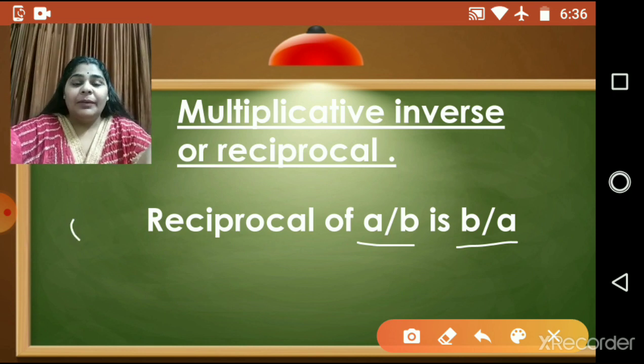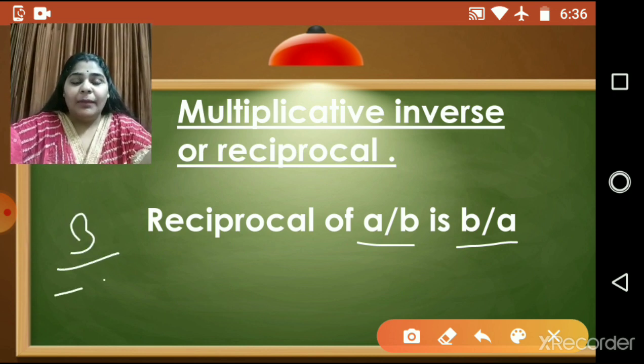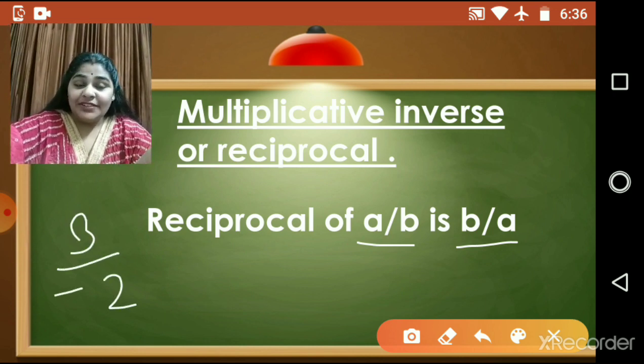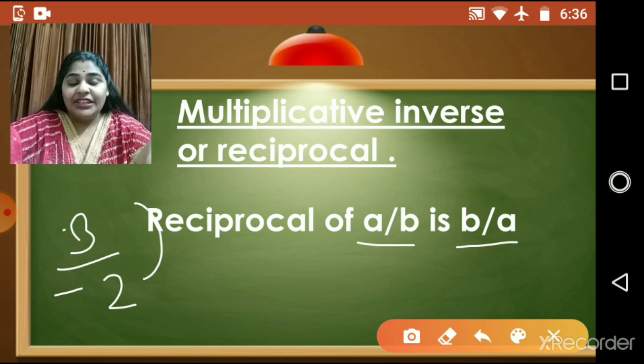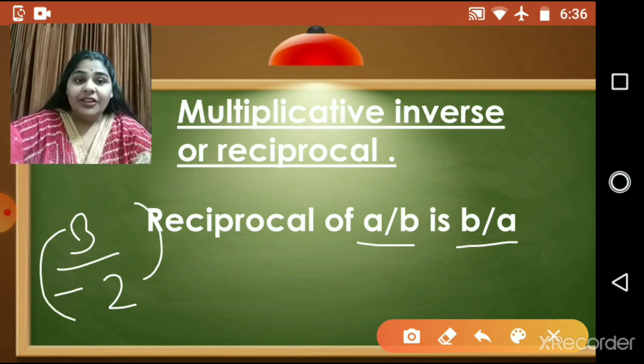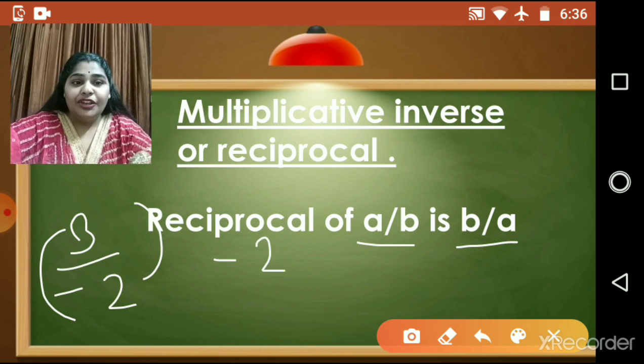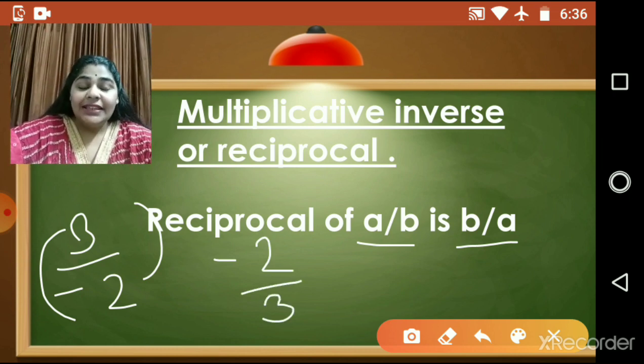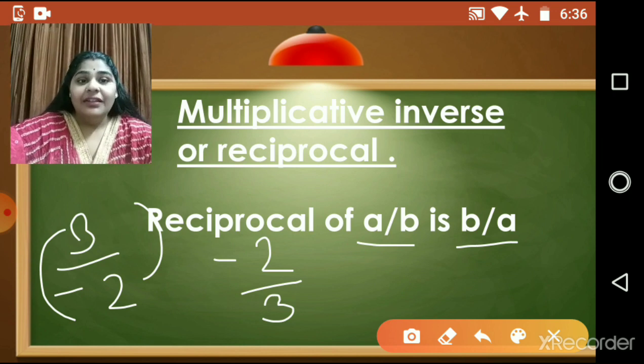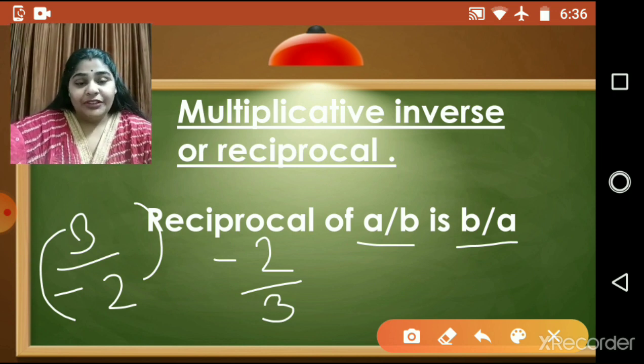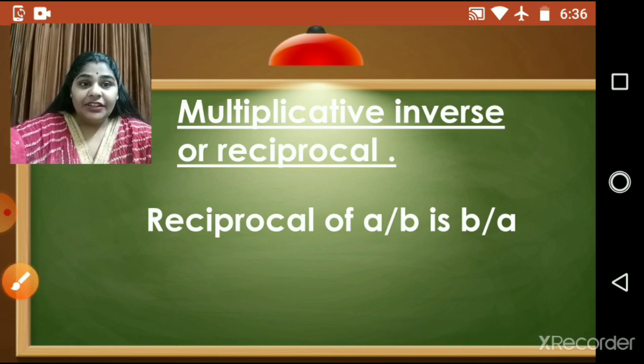For example, if it is 3 upon minus 2, what will be the reciprocal? Yes, you interchange the numerator and denominator. So negative 2 will go in the numerator and 3 will come in the denominator. That is, negative 2 upon 3 is the reciprocal of 3 upon minus 2. So this is the multiplicative inverse.